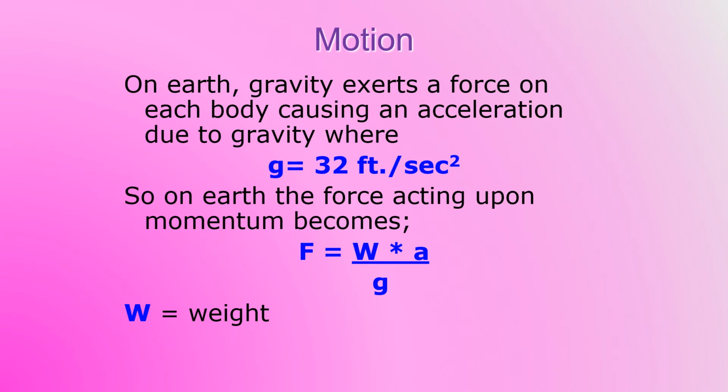On Earth, gravity exerts a force on each body, causing an acceleration due to gravity equal to 32 feet per second squared. So on Earth, the force acting upon momentum becomes force equals weight times acceleration divided by the force due to gravity.